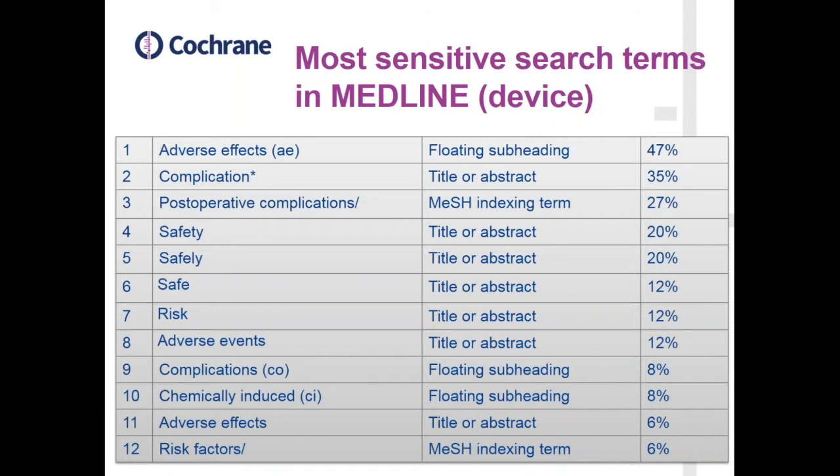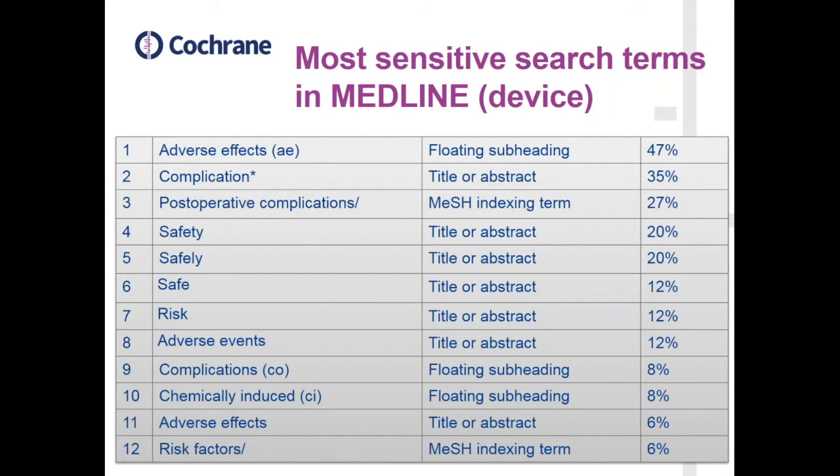So just to give you an indication, we looked at the most sensitive search terms in MEDLINE for a medical device. Although adverse effects, the floating subheading, again performed the best, we had terms such as complication and postoperative complication. It was actually a medical device that was implemented via surgery.